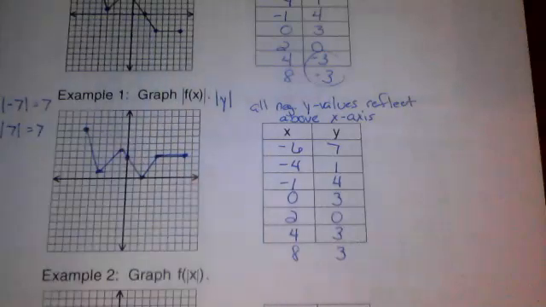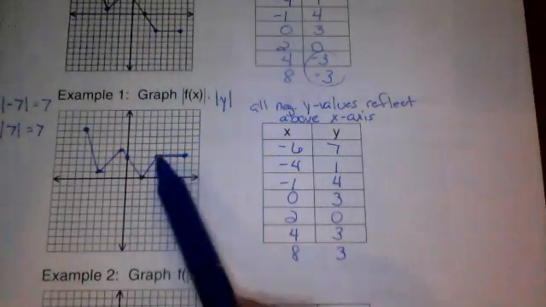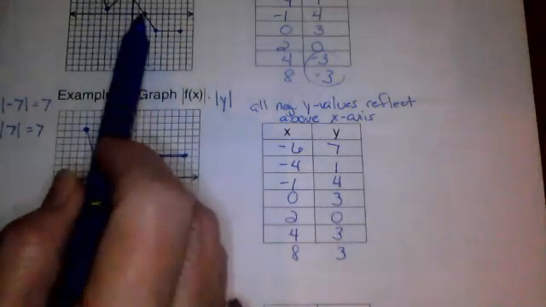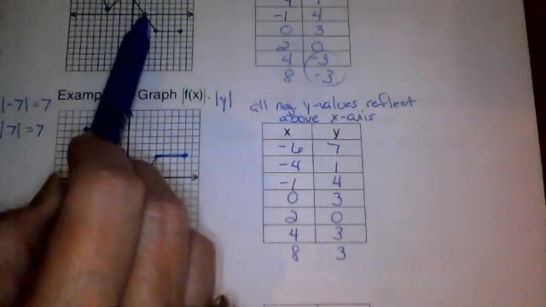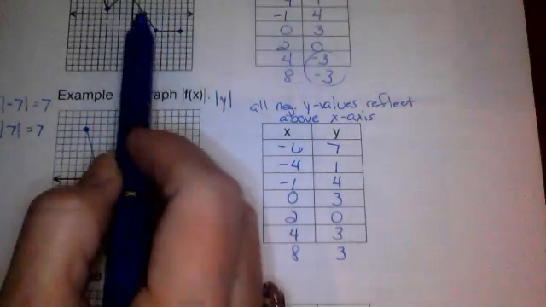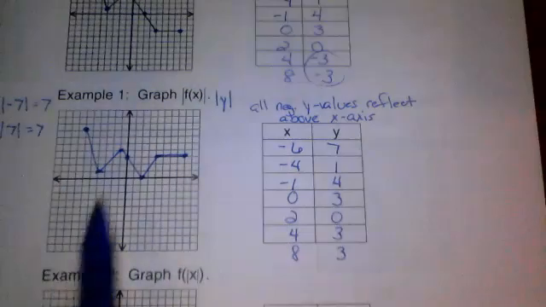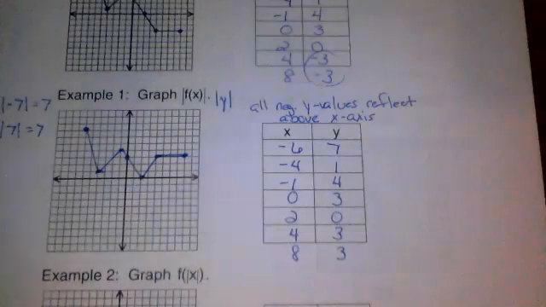Everything on this line is a value in the graph. So all of those values that were below are reflected above. Now, if you did not include this point, then all of a sudden this graph would not come to the x-axis and it would all be up in here, and that's not accurate. So be sure that you include your x-intercept.